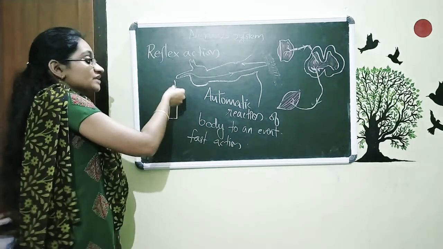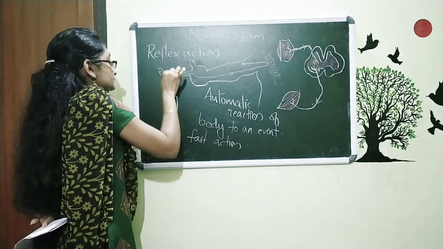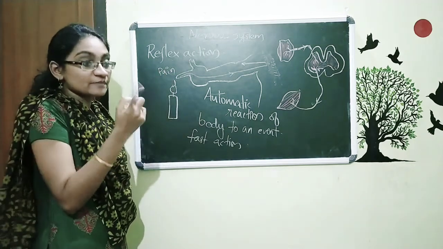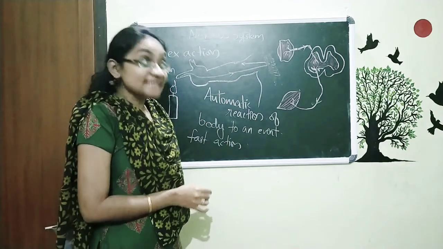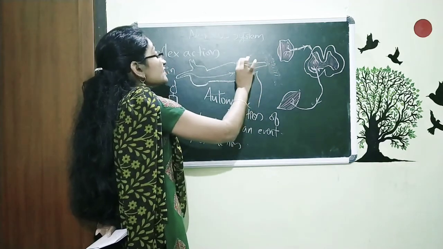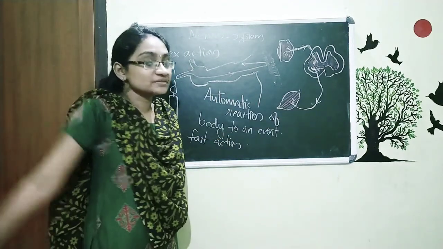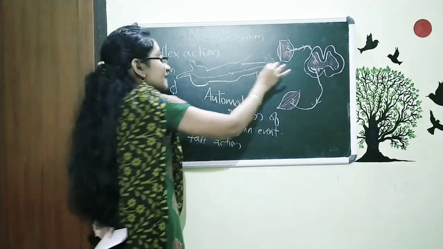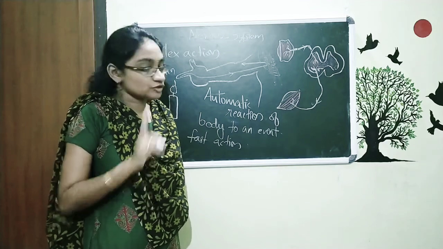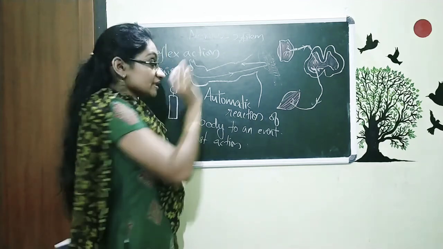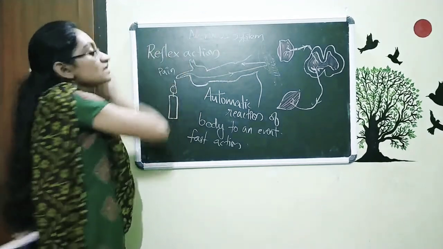When I put my hand to this fire, the message for pain is given from our fingertip to the spinal cord. Then the spinal cord suddenly gives a message to our hand muscle to take our hand back. So the thing that controls this reflex action is our spinal cord, not our brain. You want to note that it is the spinal cord acting for the reflex action.